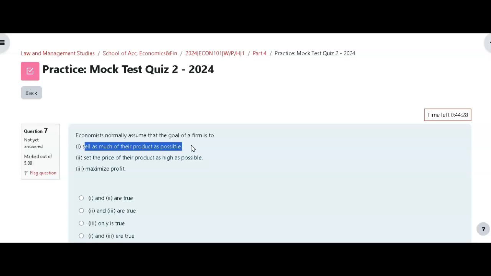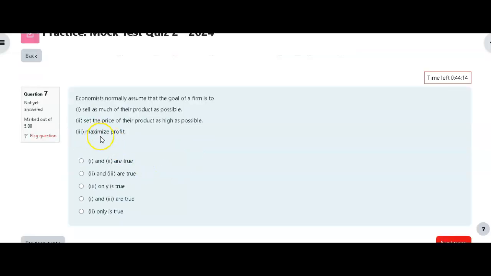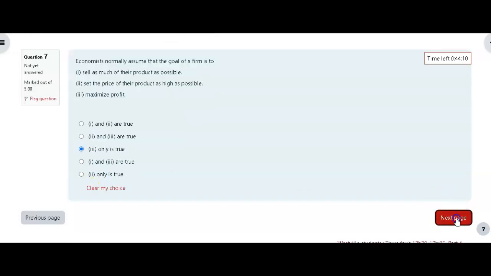That's not the goal for a firm. Set the price of the product as high as possible? No. You think businesses will go there and sell milk for 1 million rand? No. But to maximize profit, yes. So it's only 3I.